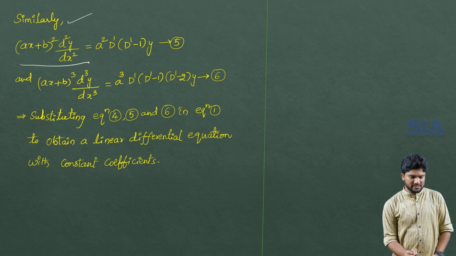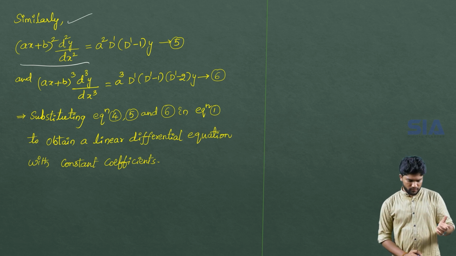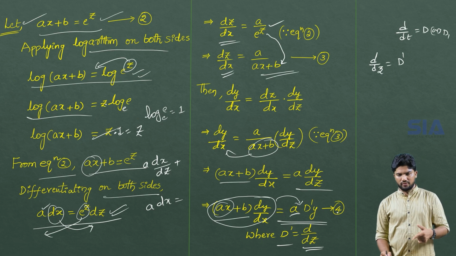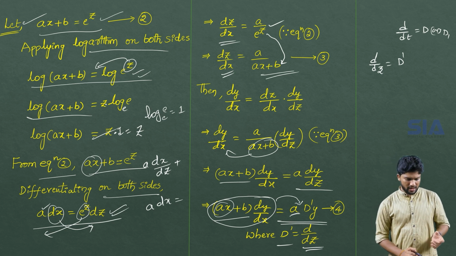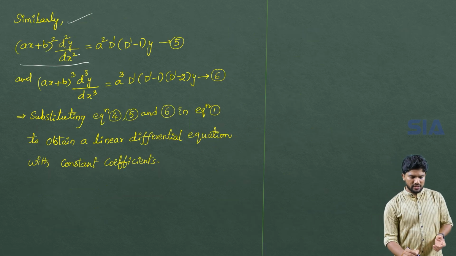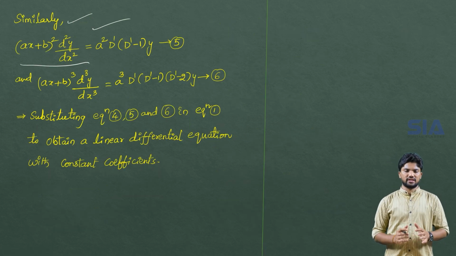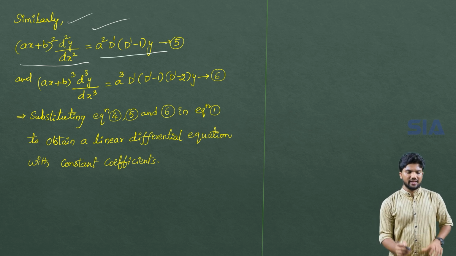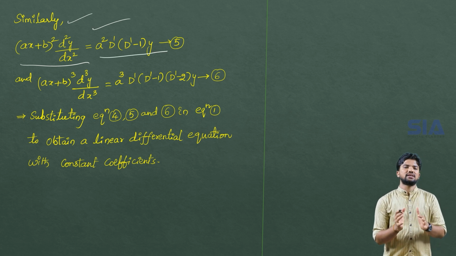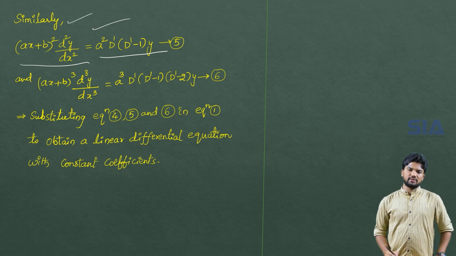Similarly next, if you differentiate equation number 4 again and apply that procedure, you will get this value. Therefore ax plus b whole square d square y by dx square is equal to a square into D dash into D dash minus 1 into y. Why?